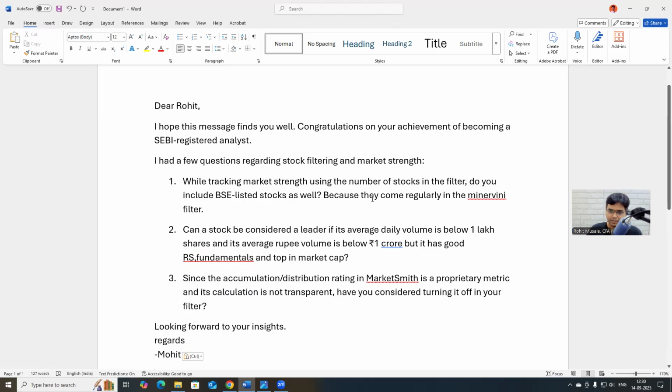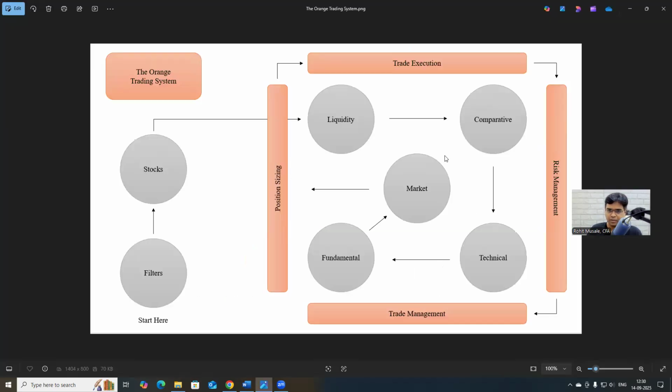They come regularly in the Minervini filter. I can understand that. But the answer to this question lies in this. Everything comes back to this. I do liquidity analysis. One of the criteria here is only NSE listed stocks just to be safe. I don't want to be in stocks that are illiquid and volatile and are not on the National Stock Exchange.